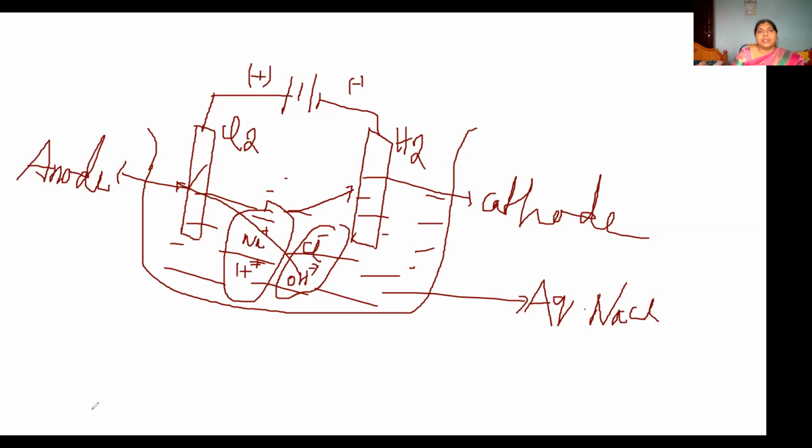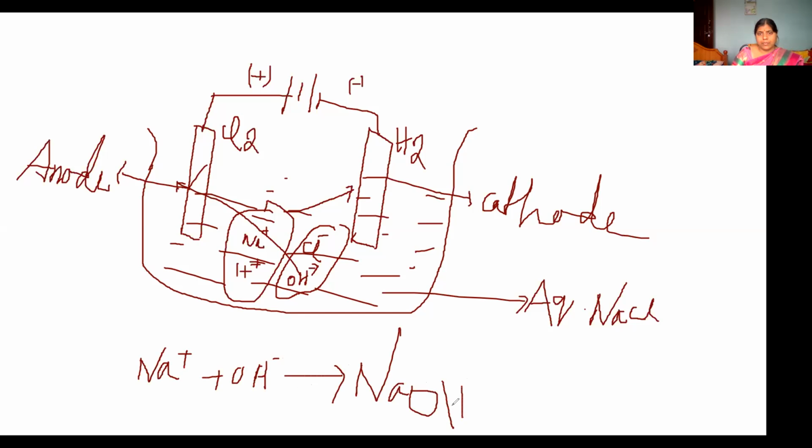Whatever ions remain in the solution, that is Na+ and OH-, will combine and form a byproduct in the electrolytic solution, that is, sodium hydroxide is formed. So this is the byproduct formed in the electrolytic solution.